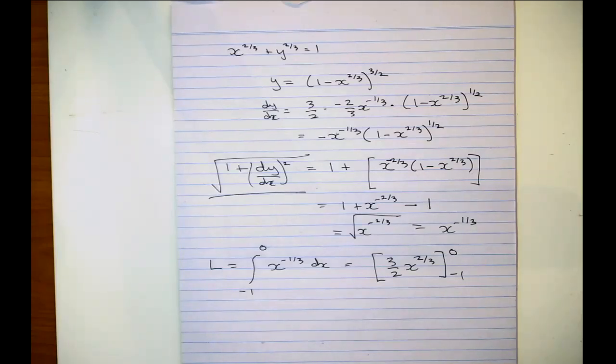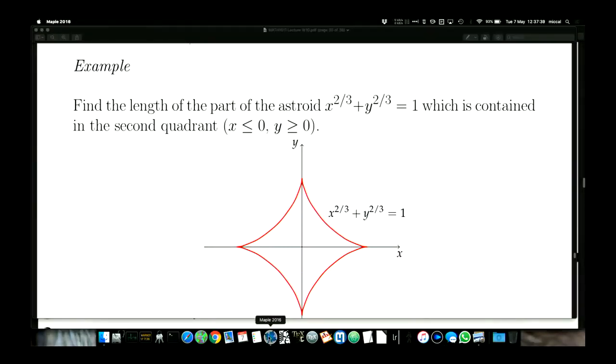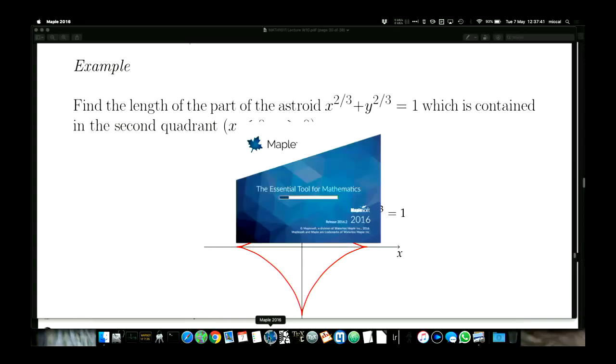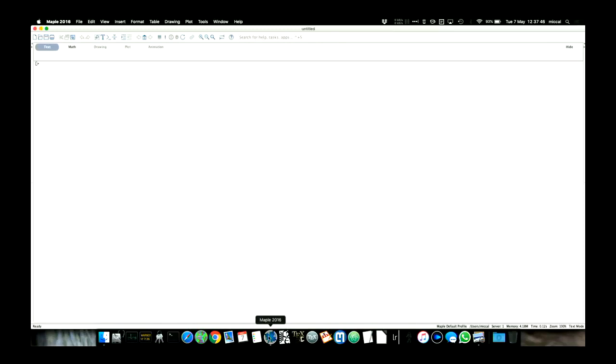I keep saying, you might often wonder, well, I've shown you this program Maple several times, haven't I? And done things with it, and we always get that, let's call them annoying student, who says, well, if a computer can do it all for me, why the hell do I have to do this by hand? Because these things aren't smart, and this is a classic example of showing this.